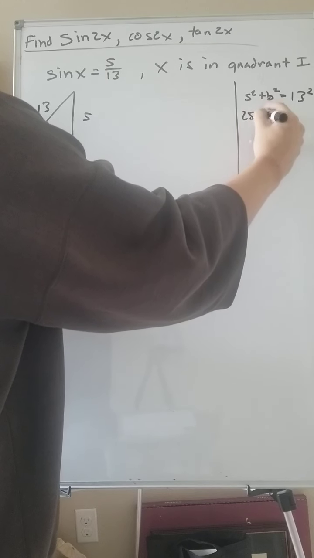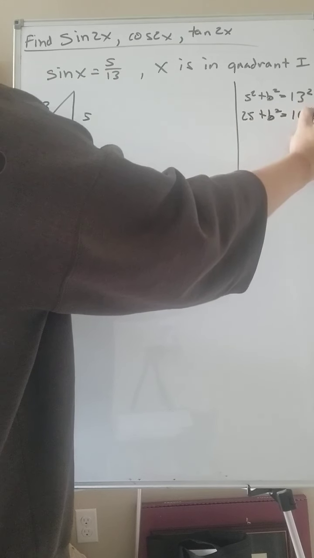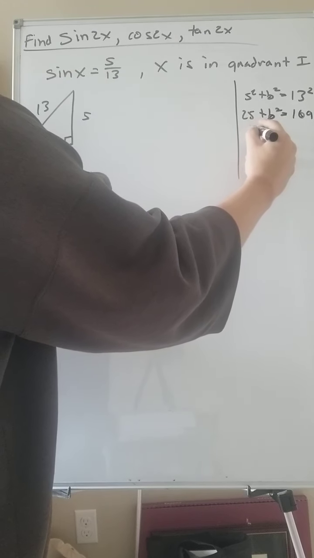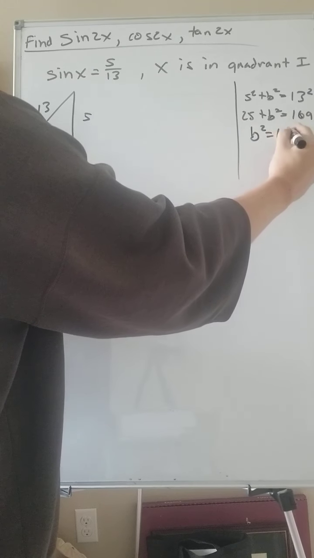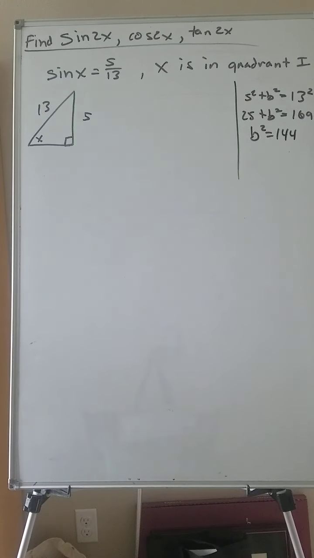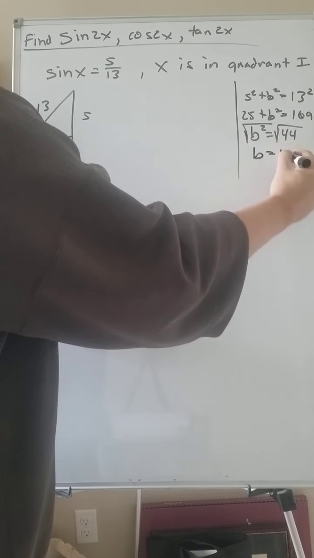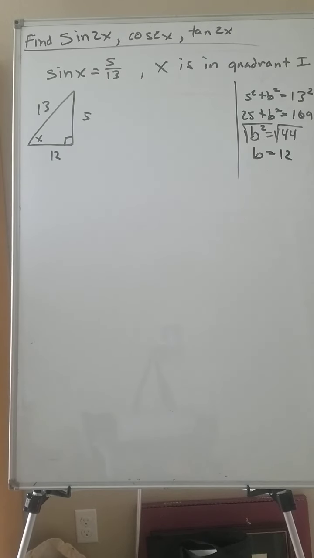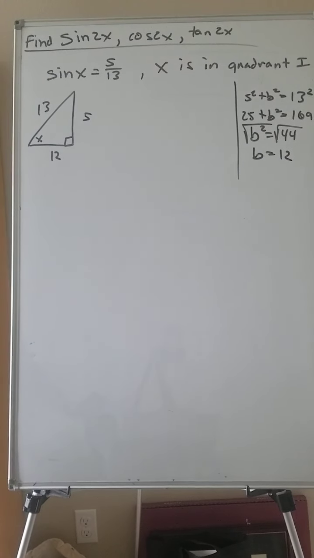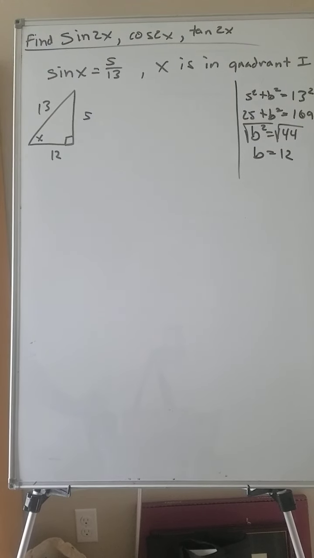That would be 25 plus b squared equals 169. Subtract 25 on both sides, so b squared equals 144. Remember, b is a side length, so it can't be negative. So the square root of b squared would just be b, that would be 12. So this side is 12. If you're not familiar with that Pythagorean triple, 5, 12, 13, you can always just do the Pythagorean theorem and figure out the missing side length.